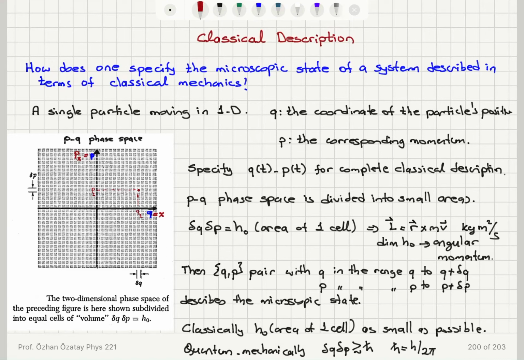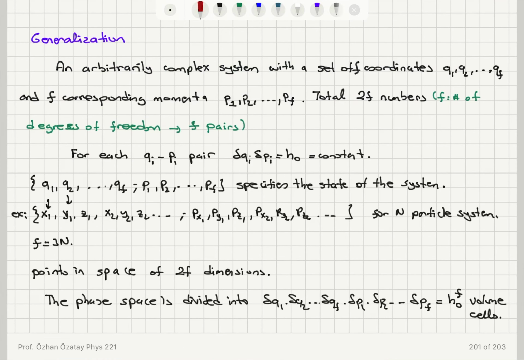Notice that the area of one cell is the product of momentum with position, which gives dimension-wise angular momentum. Classically, this area can be as small as possible. Quantum mechanically, we have a limitation, Heisenberg's uncertainty: delta Q times delta P should be greater than or equal to h bar.